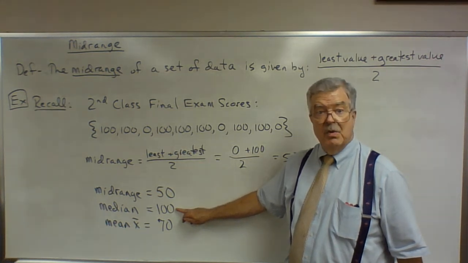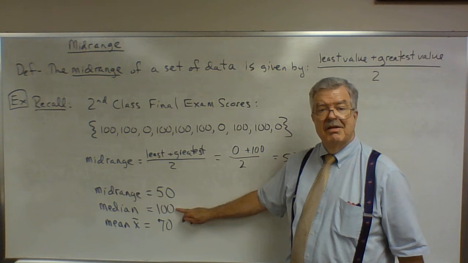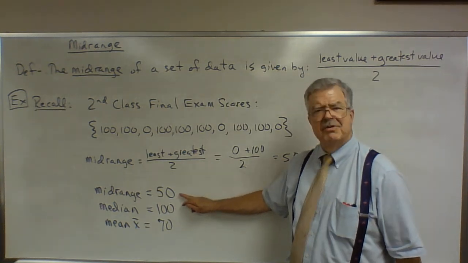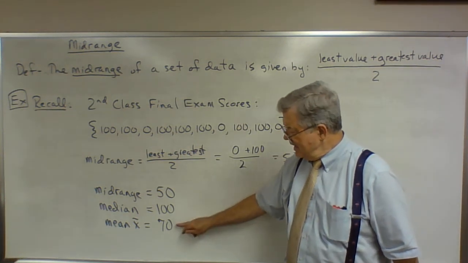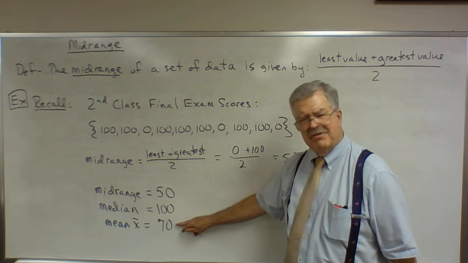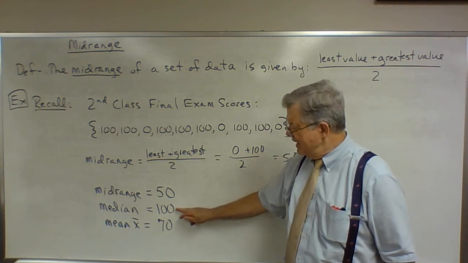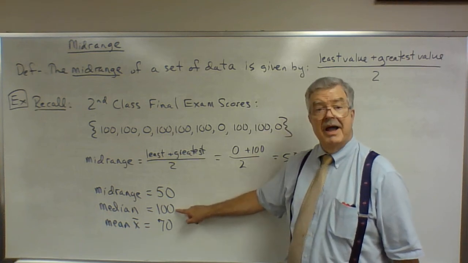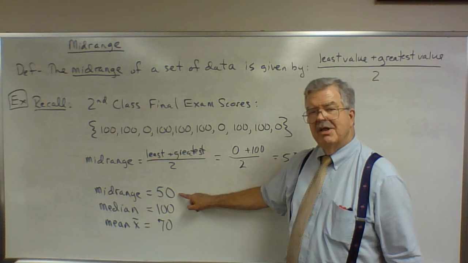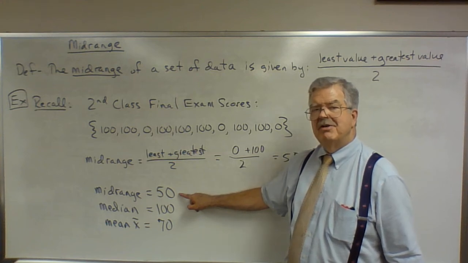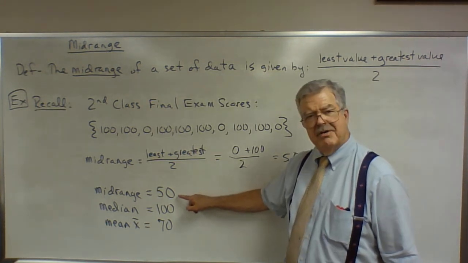The middle score was 100? The score in the middle was 100, and yet the mid-range was 50? And the mean was 70? Not only did we have to have some low scores, but wait a minute now. We know what the highest score was. It was 100. The lowest plus the highest divided by 2 is, we had some zeros there.